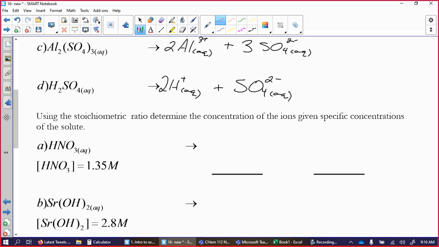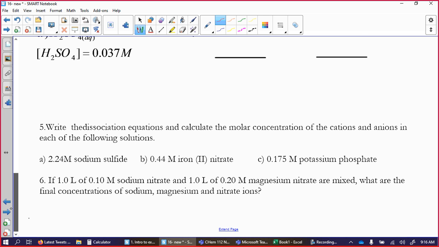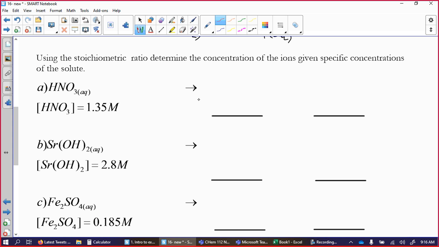So I've got nitric acid goes to H plus aqueous plus nitrate aqueous. If the concentration of the whole thing is 1.35, I get one of each. The concentration of H plus is going to be 1.35 moles per liter.